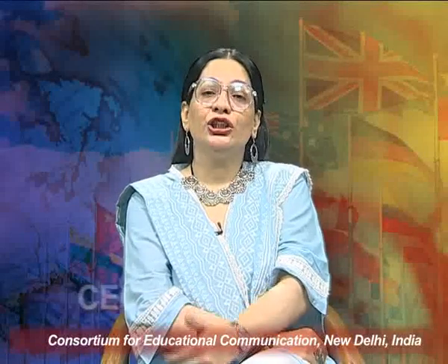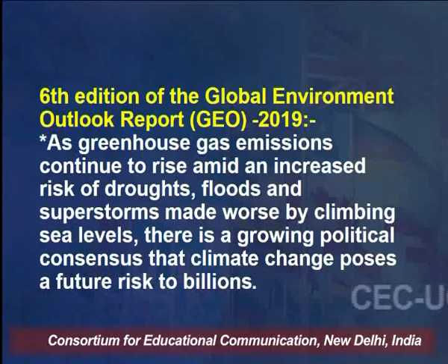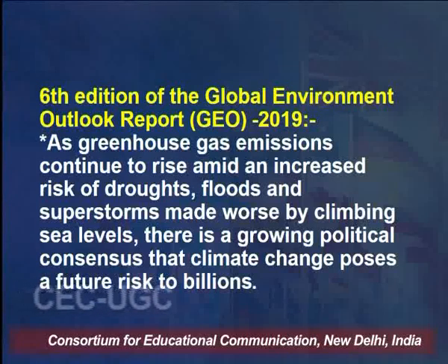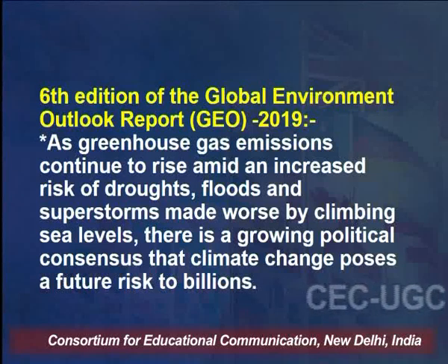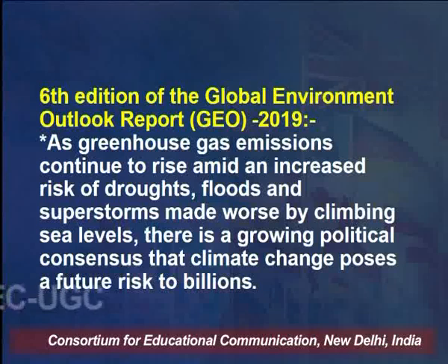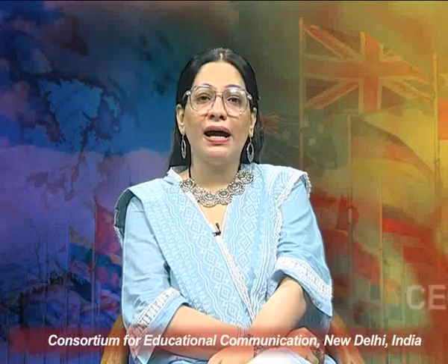The sixth edition of the Global Environment Outlook Report, 2019, pointed out that as greenhouse gas emissions continue to rise amid an increased risk of droughts and floods, made worse by climbing sea levels, there is a growing political consensus that climate change poses a future risk to billions. Lacking access to clean drinking water supplies, 1.4 million people die each year from preventable diseases.